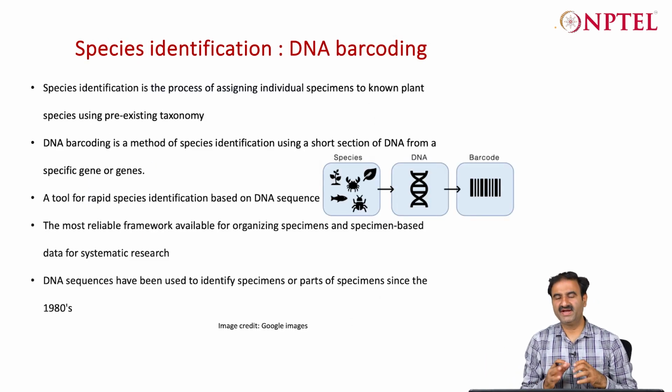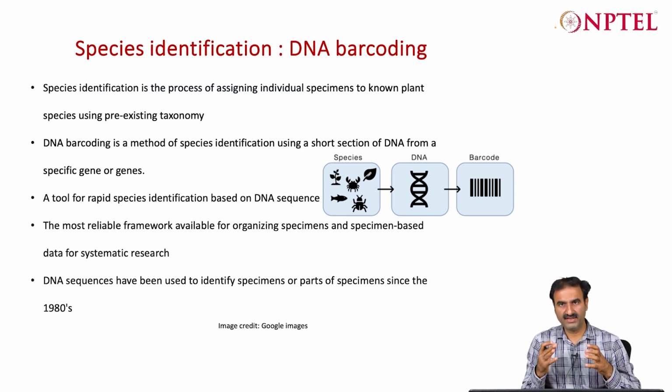Okay, then species identification. So DNA you have got. So now DNA will have basically the genetic material, right? In that there are markers also present. Okay, so now markers could be present in the nuclear genes, or around the nuclear gene, or it could be the chloroplast gene in case of plants, or it could be the mitochondrial gene in case of plants or animals.